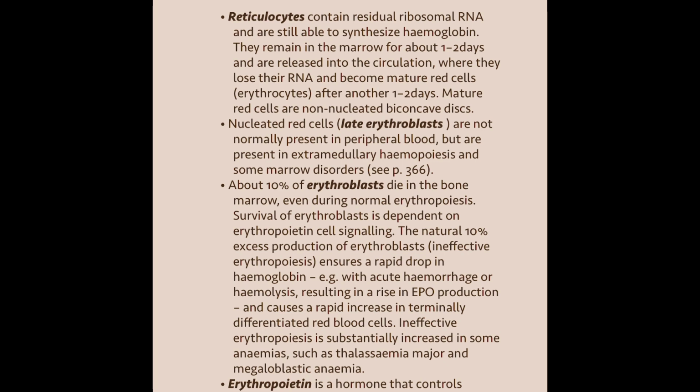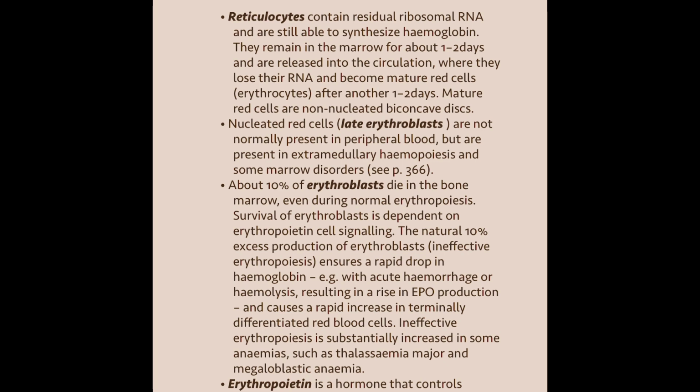About 10% of the erythroblasts die in the bone marrow, even during normal erythropoiesis. Survival of the erythroblasts is dependent on erythropoietin cell signaling and the natural 10% excess production of erythroblasts.